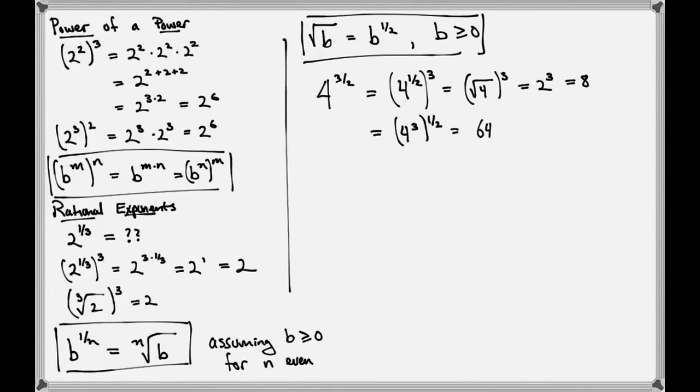But then I have to compute 4 cubed, which is 4 times 4, that's 16, times 4 is 64, and then take that to the 1/2 power, which means the square root of 64, which is still easy to figure out in your head, but not as easy as it was before. It's 8. So you can see the advantage of choosing the order to take the square root first to keep the number small and then cube. But they still result in the same answer.